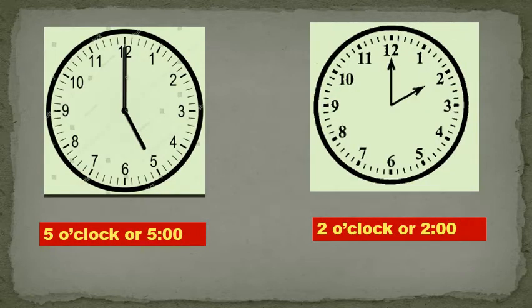Here we can see that in the first clock, the minute hand is at 12 and the hour hand is at 5. So the time is 5 o'clock. In the second clock, the hour hand is at 2 and the minute hand is at 12. So the time is 2 o'clock.